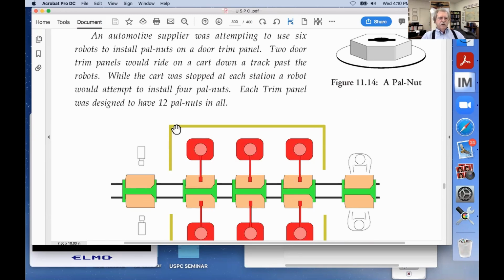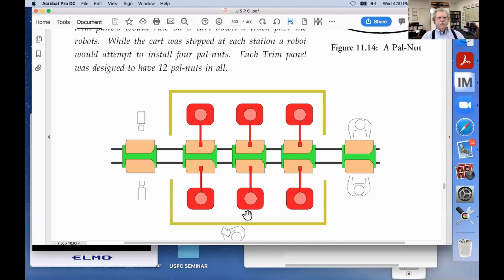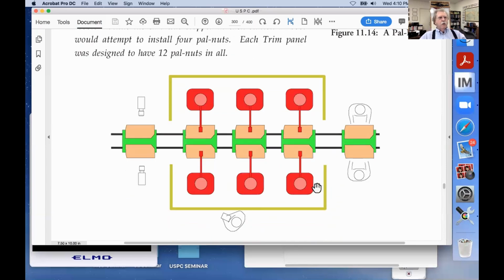And of course, there's a safety cage around the robots. And so you watch it, and the arm comes out, and the arm comes up, and the nut slides down the face and falls off. These robots had specially been modified, like no robots I've seen before or since.